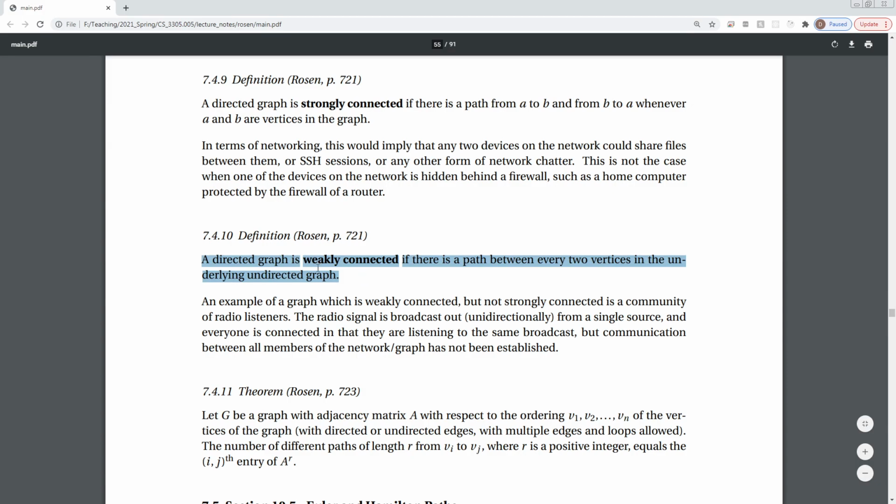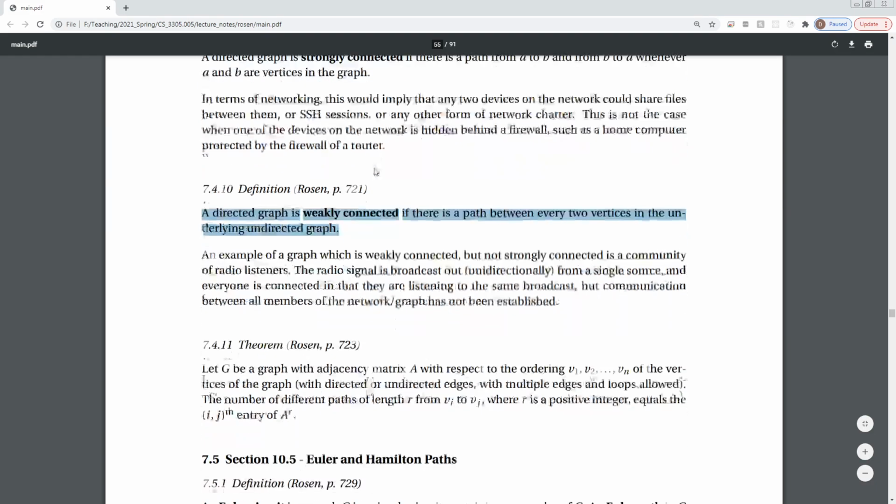So this says that if every pair is path connected with respect to the undirected graph, then it's weakly connected. But if you account for the directed graph, then there is that stronger condition where if it's satisfied, we can say that it's strongly connected.